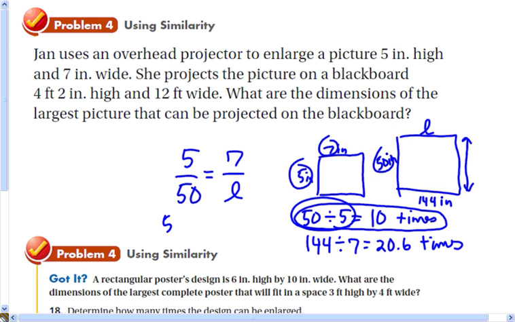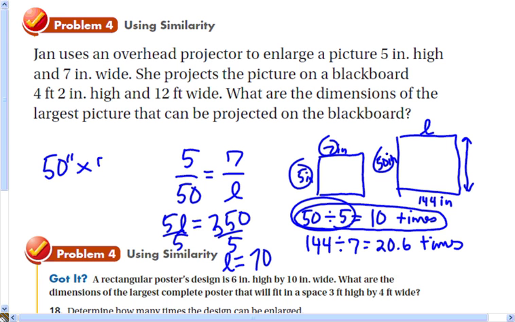And so 5L is equal to 7 times 50, which is 350. Divide both by 5, and I get L equals 70. So my answer is, the dimensions are going to be 50 inches by 70 inches.